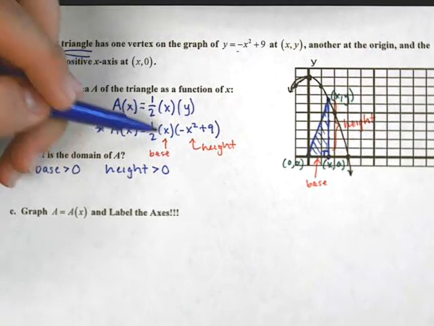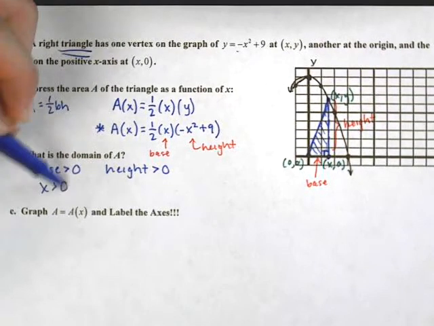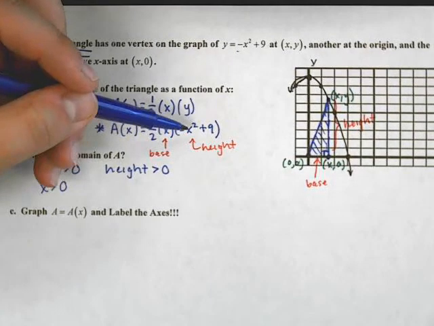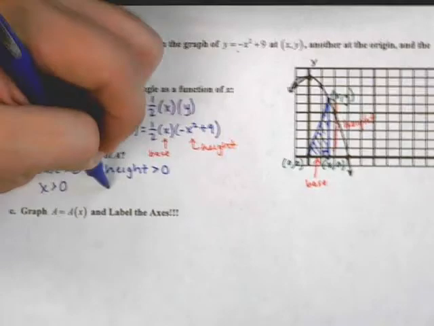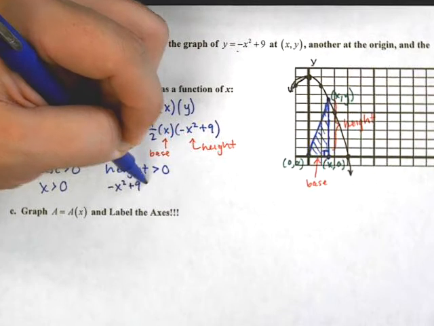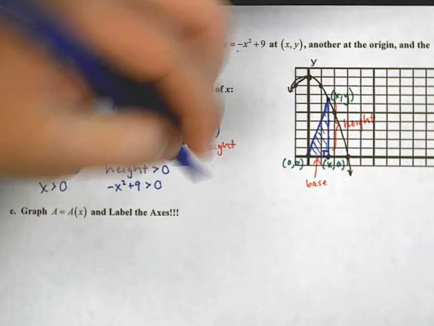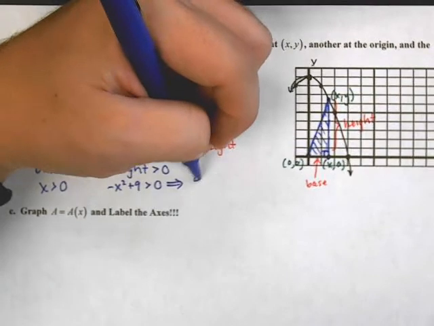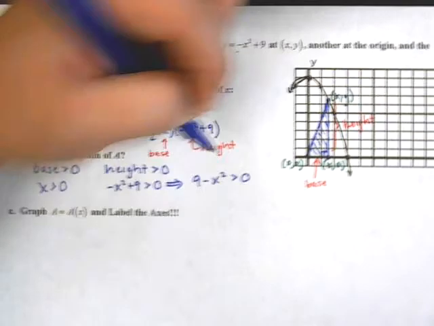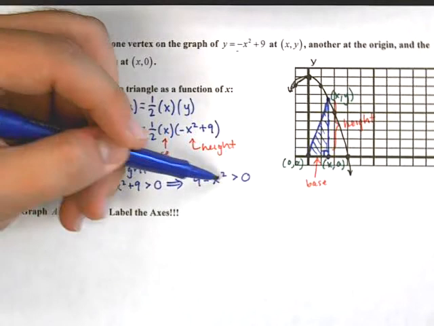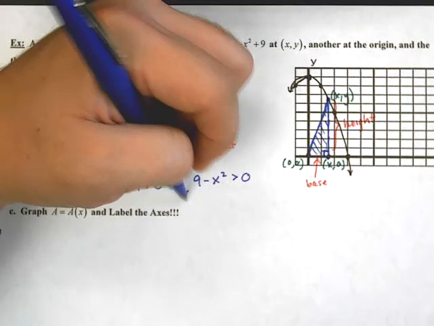My base was just x, so x is greater than 0. Height is a little different. Height is negative x squared plus 9, which is greater than 0. I don't like how this is written, so I'm going to change this to 9 minus x squared is greater than 0, because now I see I have a difference of two squares.